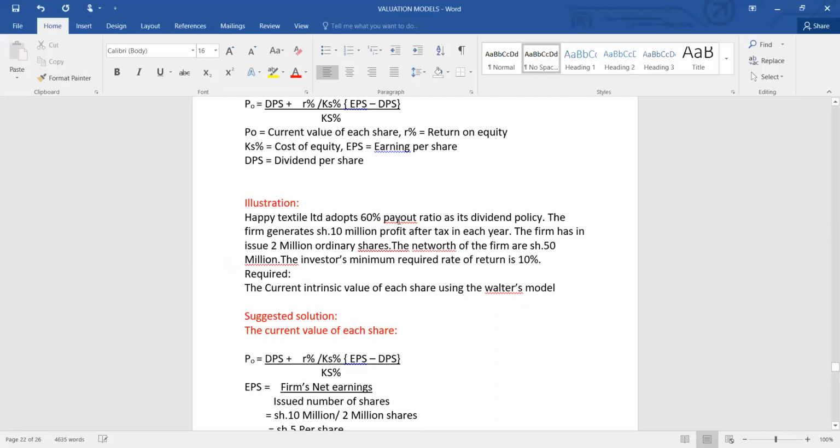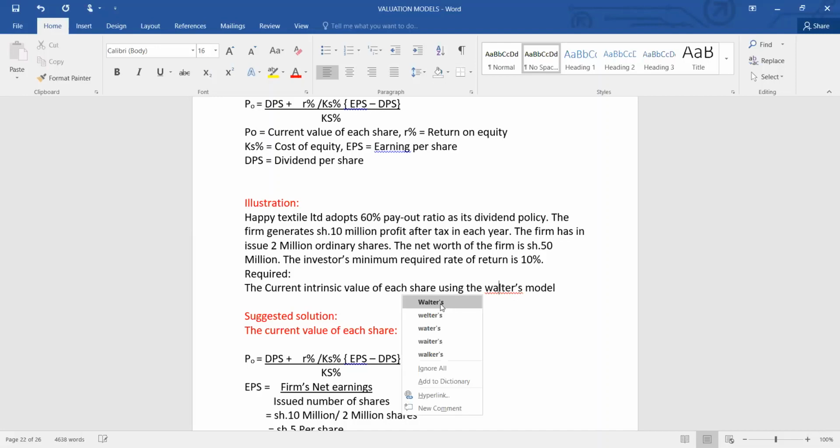When you talk about net worth, ideally it is equity: ordinary share capital and reserves. Net worth is a function of equity. The investor's minimum required rate of return is 10%. Find the current intrinsic value of each share using the Walters model.